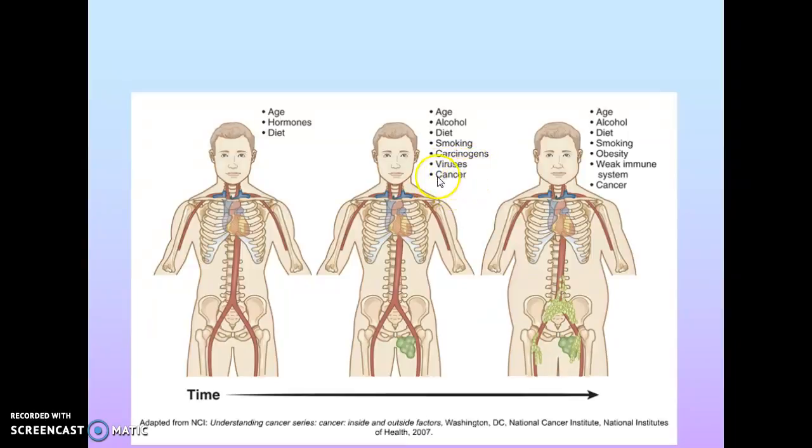Now you can develop cancer. All right, here, now this person is getting older, overweight. As you get older, your immune system naturally decreases its efficacy.